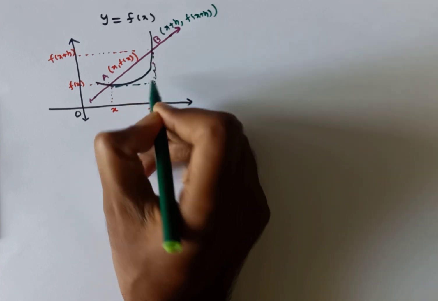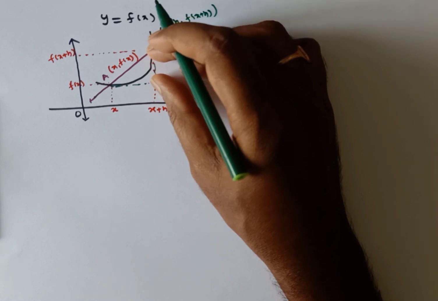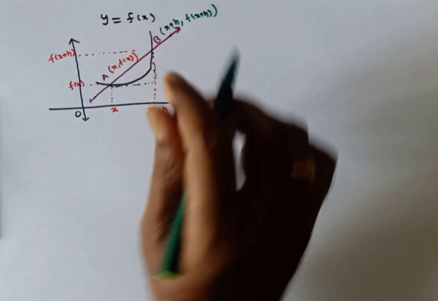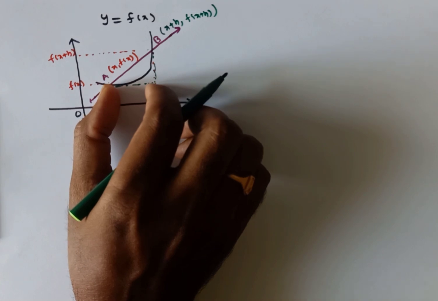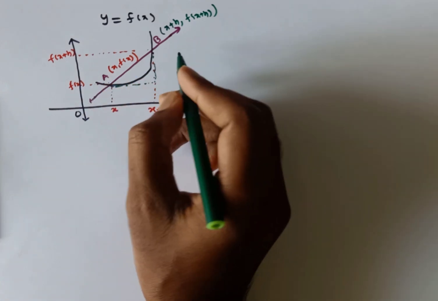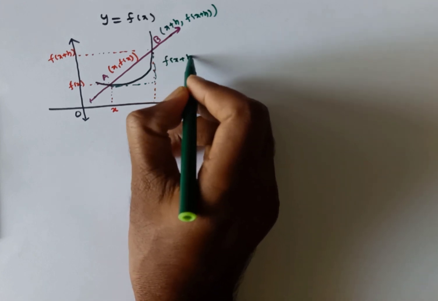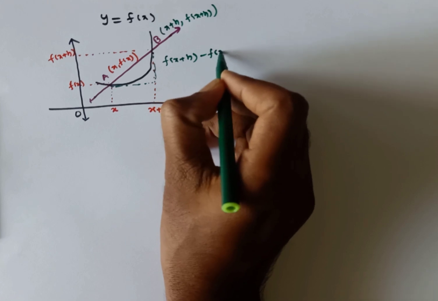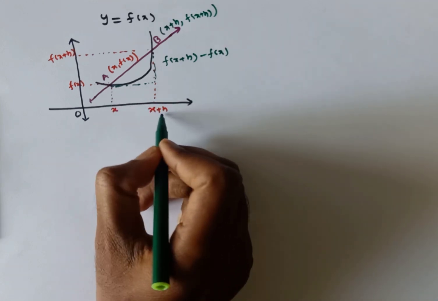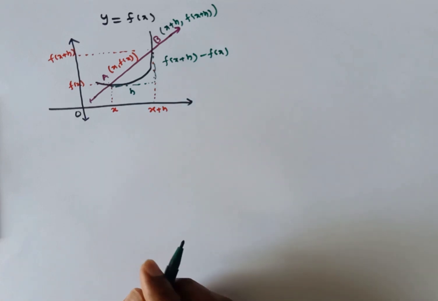Here the difference is f of x plus h minus f of x, and here the difference is x plus h minus x, which is h.